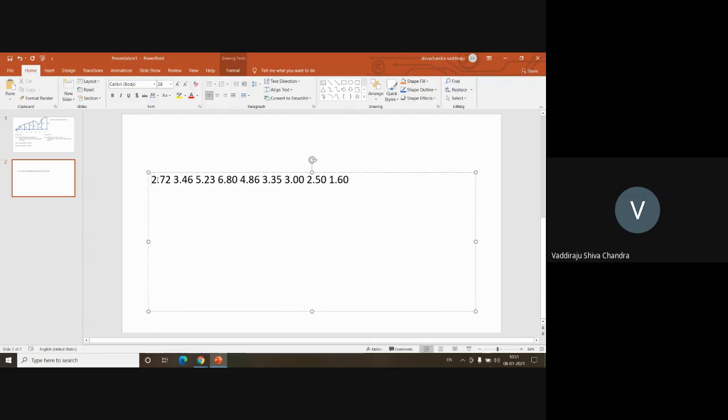At a regular interval of 5 meters. These are the ordinates. D is equal to 5.